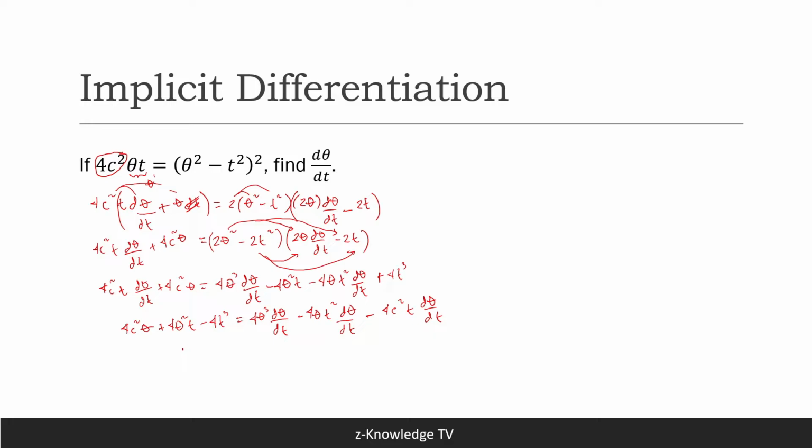Okay, then pansin nyo lahat sila is may 4. So, pwede natin silang tanggalin. Okay, so divisible lahat kasi sila by 4. So, divide natin both side by 4. So, mangyari, parang cancel na lang yung mga 4 natin.